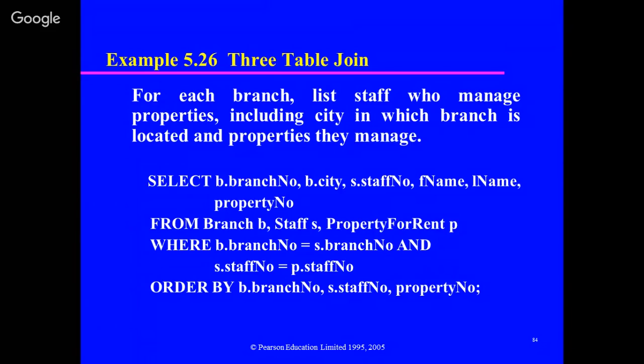I cannot simply do a join between the branch table and the builder table unless there is a common attribute linking the branch with the builder. Either you put the builder number in the branch table or the branch number in the builder table. Got it? That is essentially the join condition.